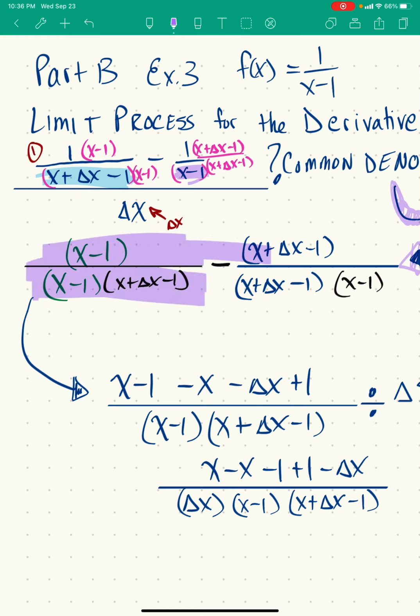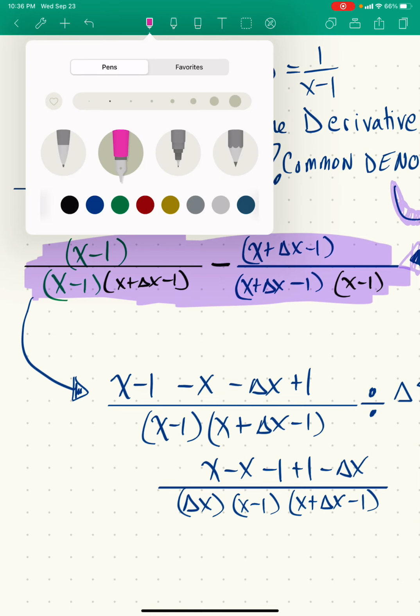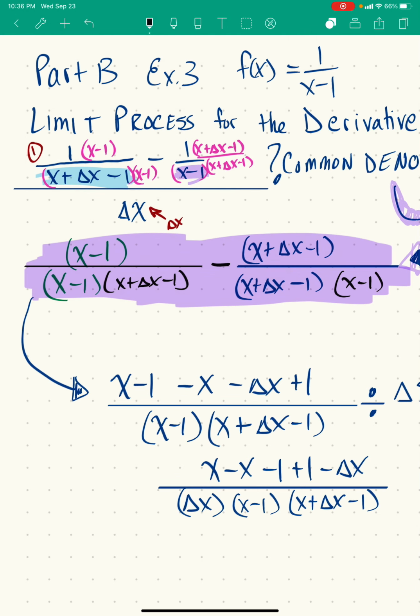This is where we're at. So when we work with this, there's a lot of things we could do, right? Let's bear in mind that even while we had all that work, don't forget everything is supposed to be divided by delta x. So let's throw that part right back in here. Divided by delta x.